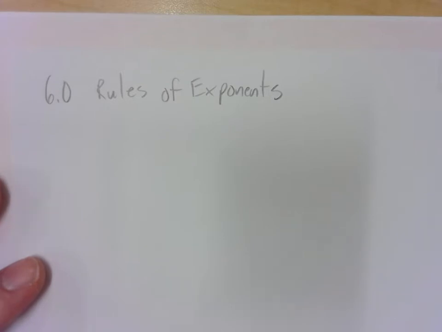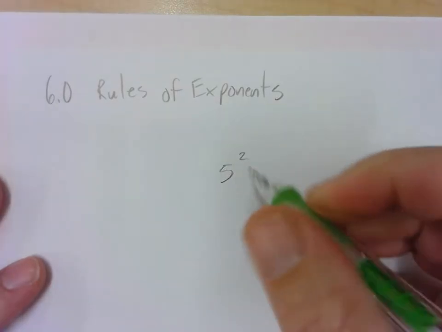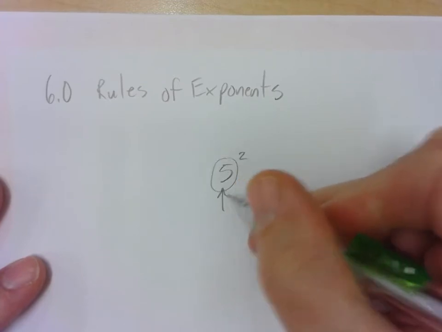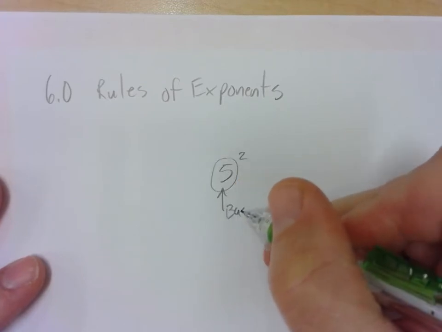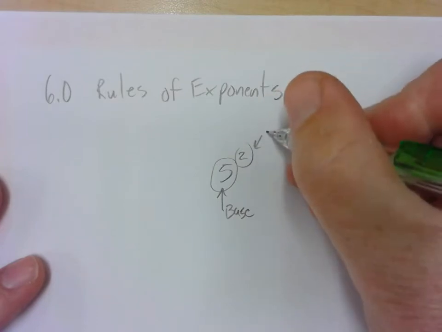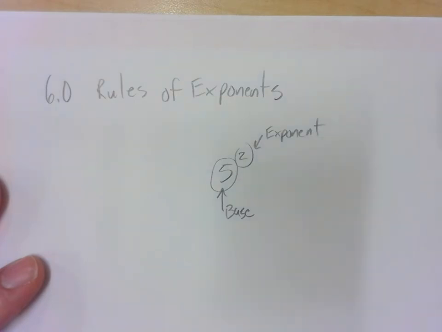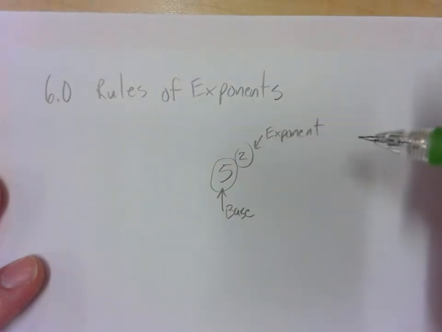The first thing I'm going to say is if you have 5 to the second power, this is called the base, and the little 2 right there is called the exponent. What the little exponent does is it tells you how many times to multiply 5 together.